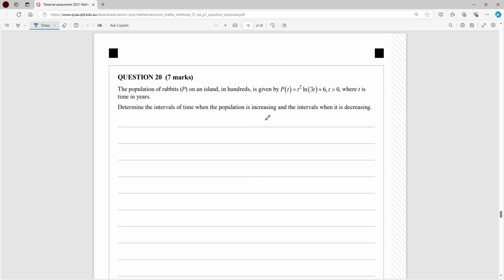Determine the intervals of time when the population is increasing and the intervals when it's decreasing. Well, this one here is all to do with differentiation, okay? They want to know the time, so two values, when the population is increasing and when it's decreasing.